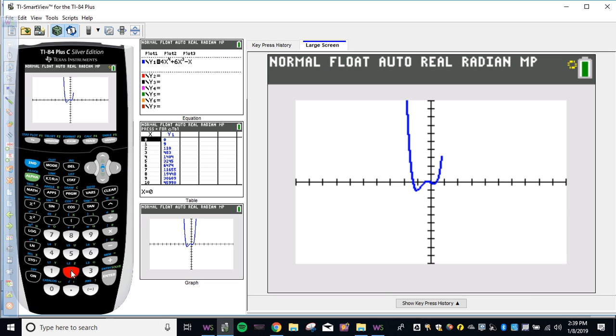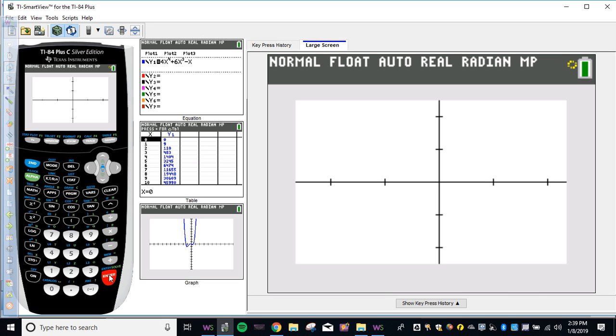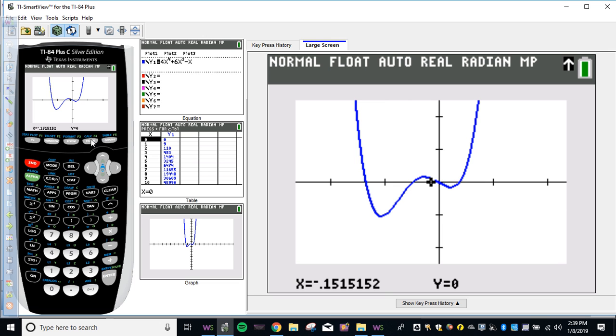Of course, it didn't zoom in, but we'll zoom it in here in a second. Calculator's having problems. Okay, so now we're back to it. Gotta wait for the little yellow thing to go away.